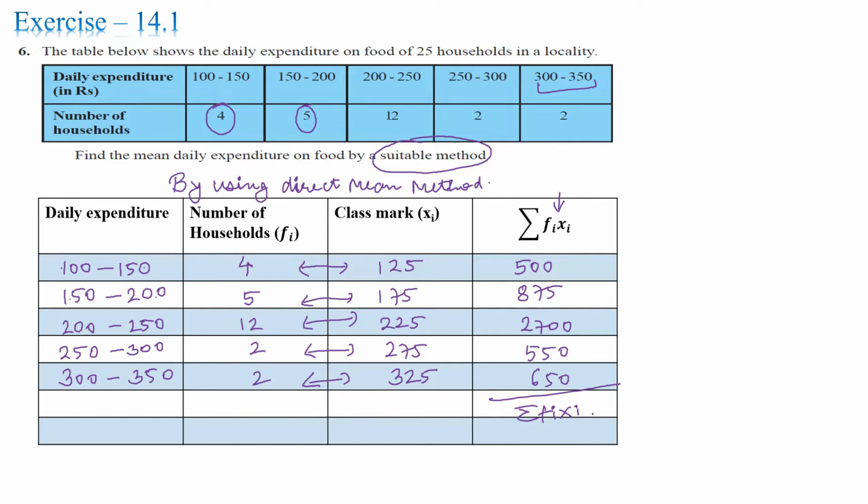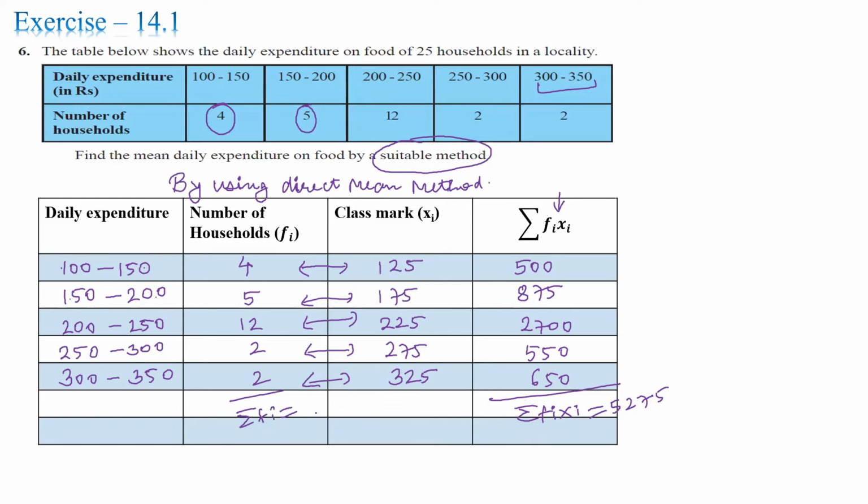What is the sum coming? 5275. Please check the calculations: 500 plus 875 plus 2700 plus 550 plus 650 is 5275.